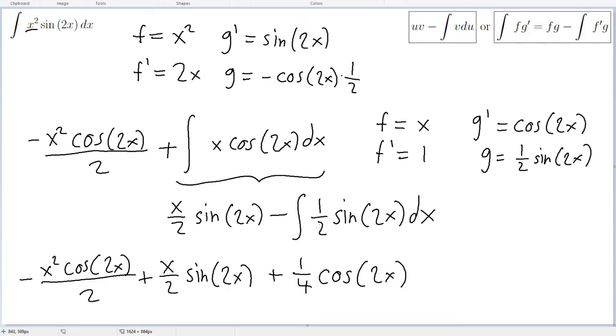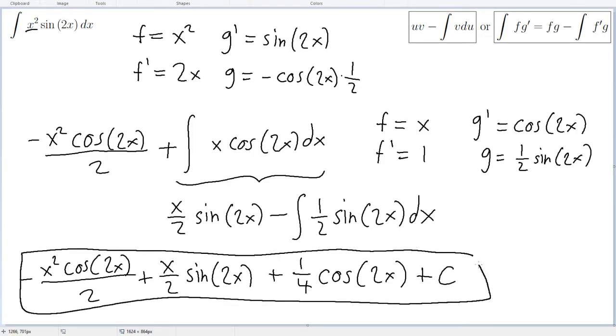You have this half, this 2 divides again, and the integral of sine is negative cosine, so the negative cancels out. Or you can say it as the integral of negative sine, which gives you positive cosine. And then this should be your entire answer, this whole portion. Okay?